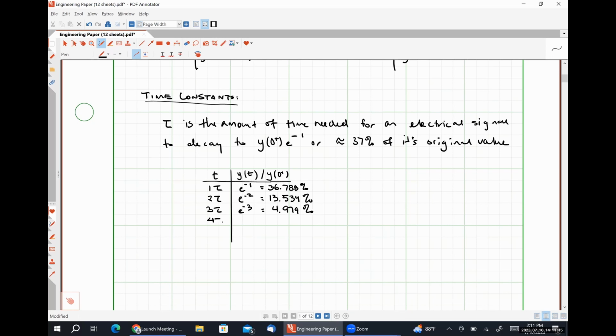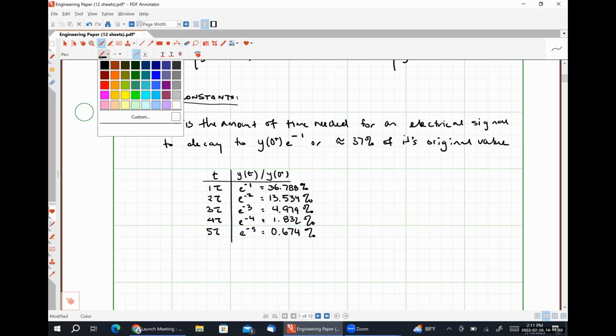In 4 time constants, we'll have e to the minus 4, or 1.832%. And in 5 time constants, we'll have e to the minus 5, or 0.674%. We're going to stop here.